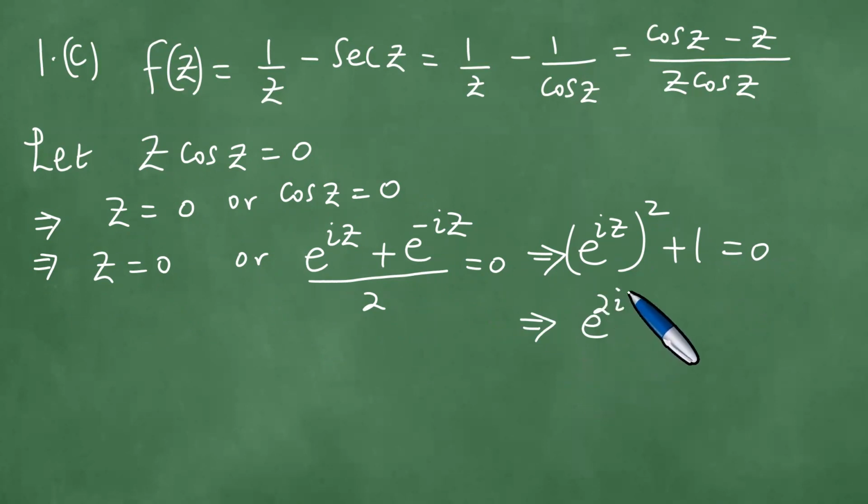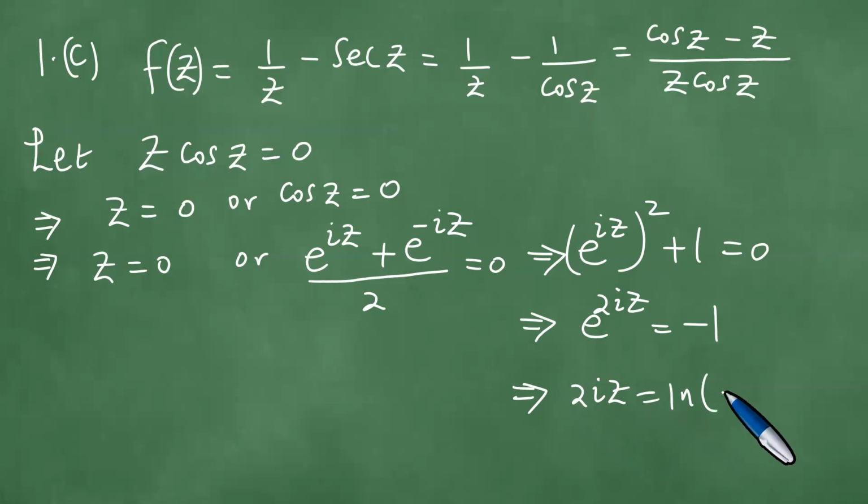Okay, so now you can take the natural log on both sides, meaning 2iz is the natural log of minus 1.